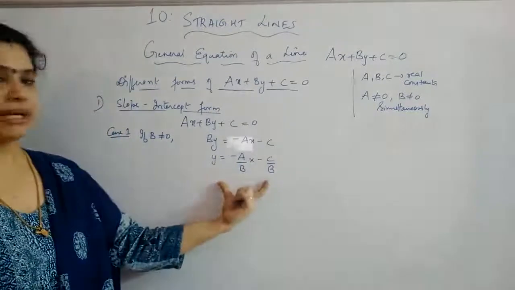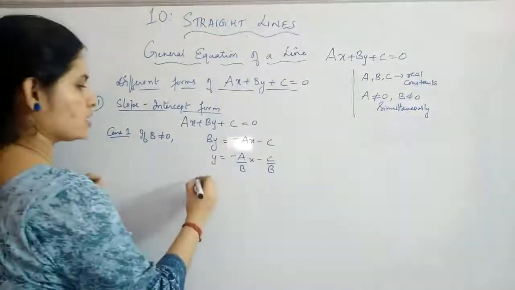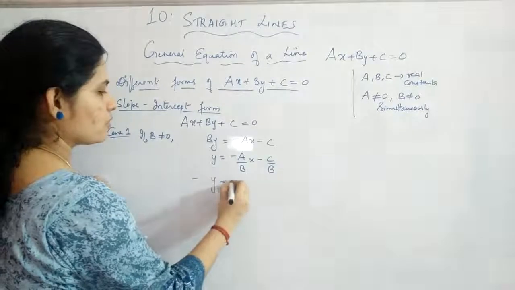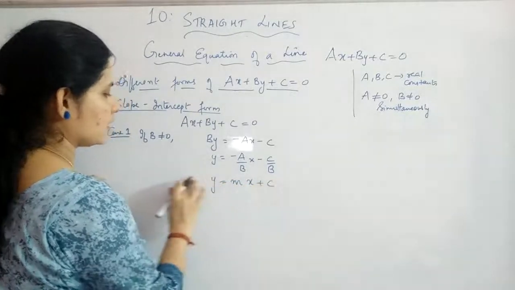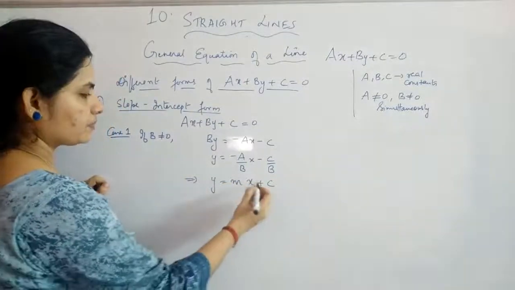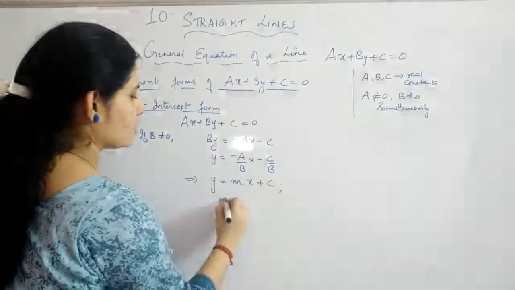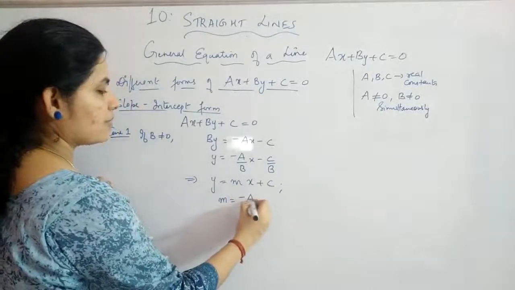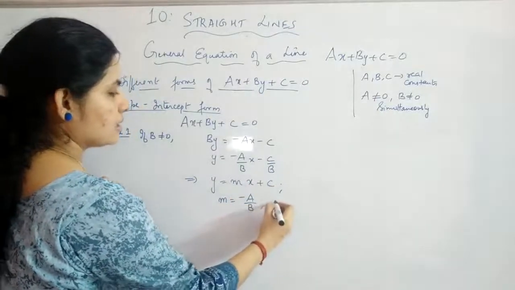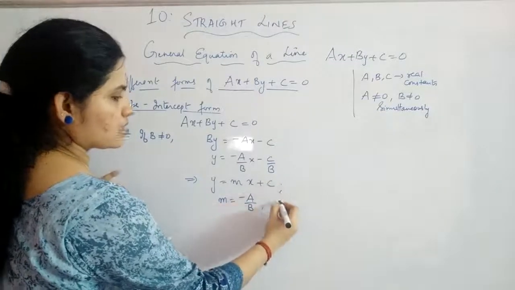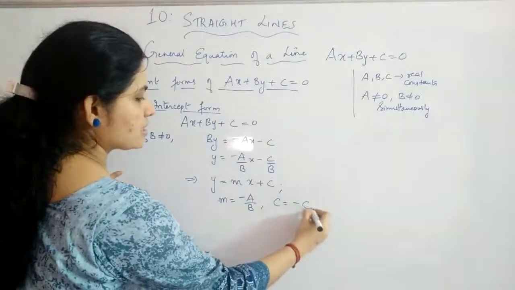Now we can compare this with the form y is equal to mx plus c, where you can say that m is equal to minus a by b, and the constant c is equal to minus c by b.